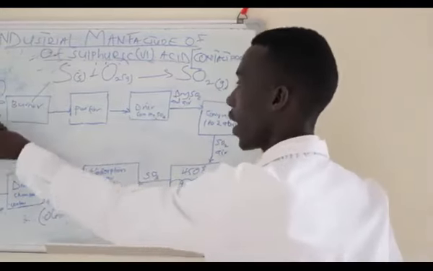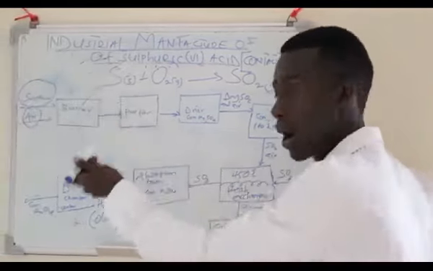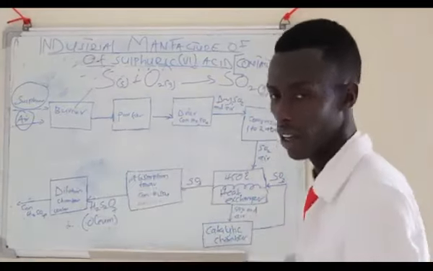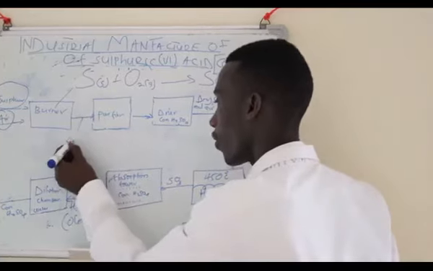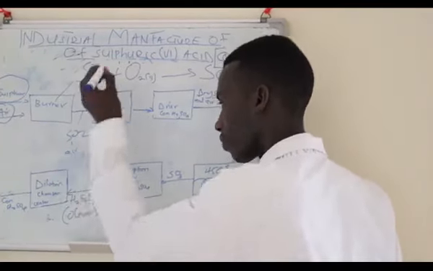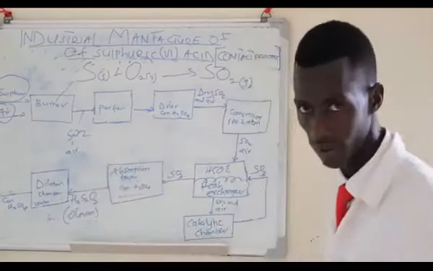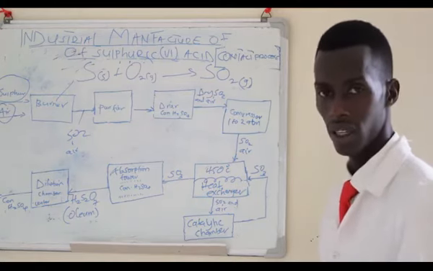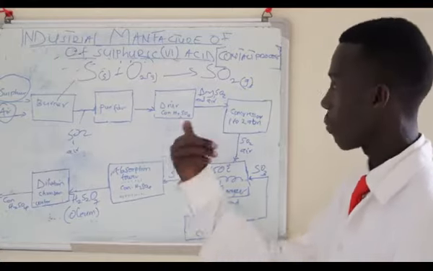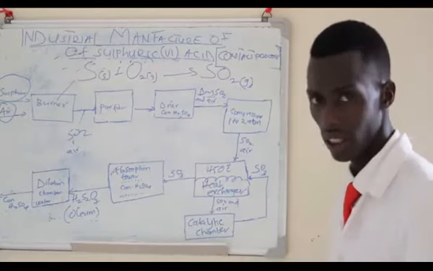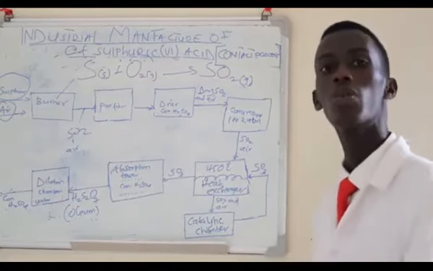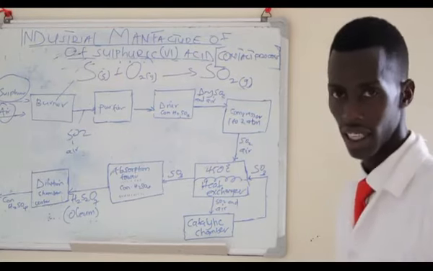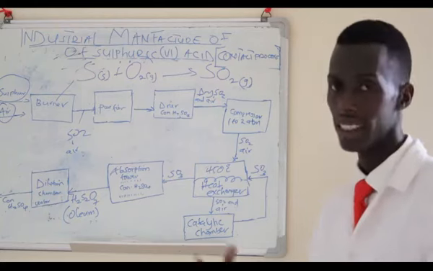Now, after sulfur and air have burned in the burner to produce sulfur dioxide, they are taken into the purifier. What happens in the purifier? This is where purification takes place. The purpose of the purifier is to remove the impurities which would poison the catalyst at a later stage.